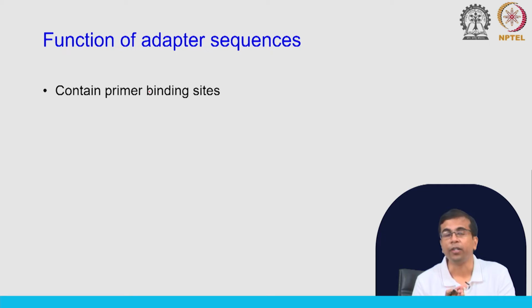For amplification, you need a primer binding site, you need polymerase, right, which will start extension from this primer sequence, right. So, to generate this primer binding site, we actually add these adapter sequences, right.